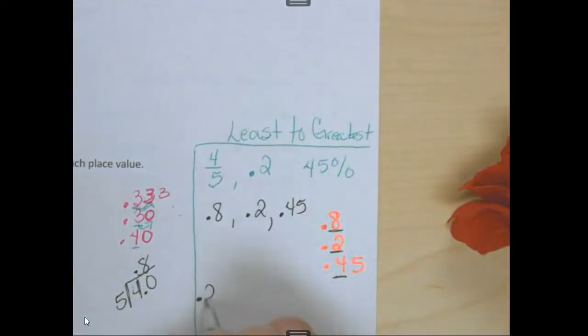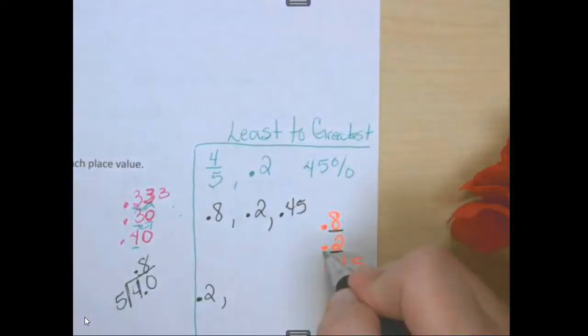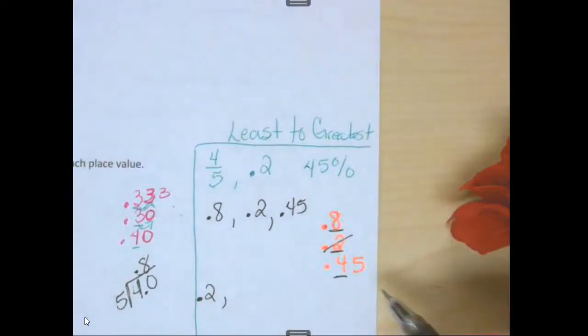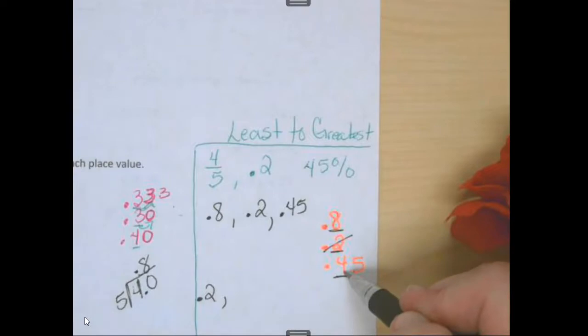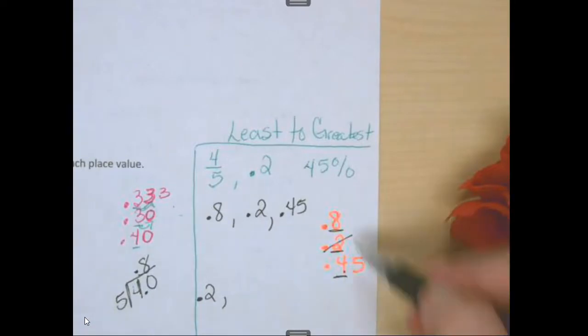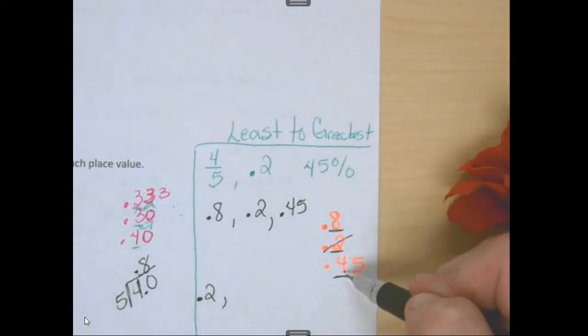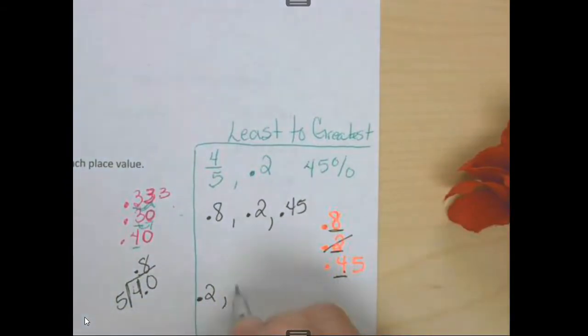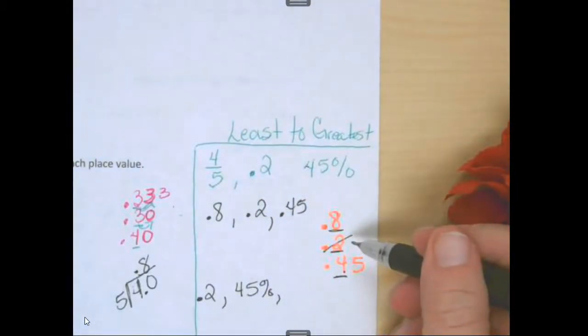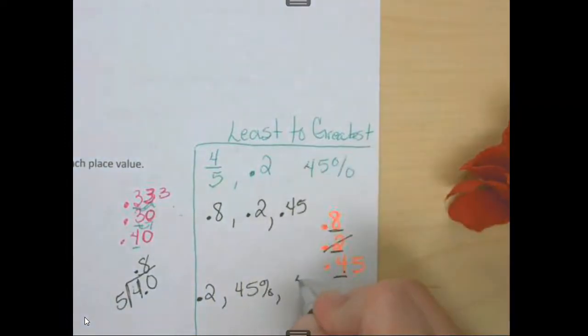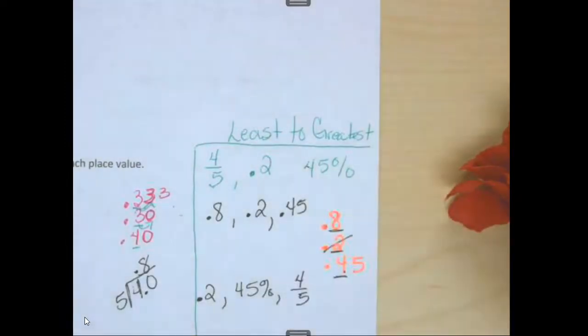So 0.2. And then I have 8 and 4. Which one's smaller? 4. And that is 45%. And then I have 4/5.